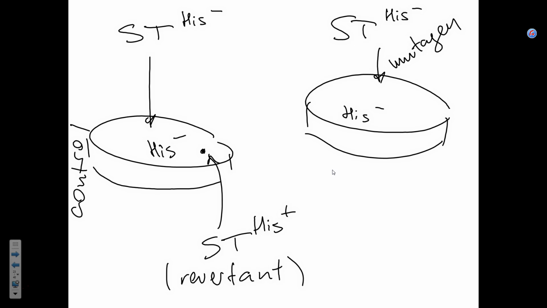So you treat the microbe with that mutagen, and then you plate it on the histidine negative medium. Now, if the chemical is not mutagenic, are you going to get any revertants? No. The bacteria are not going to go back to the original phenotype. But if it's mutagenic, that histidine negative microbe is going to come back to the original phenotype. Does that make sense?